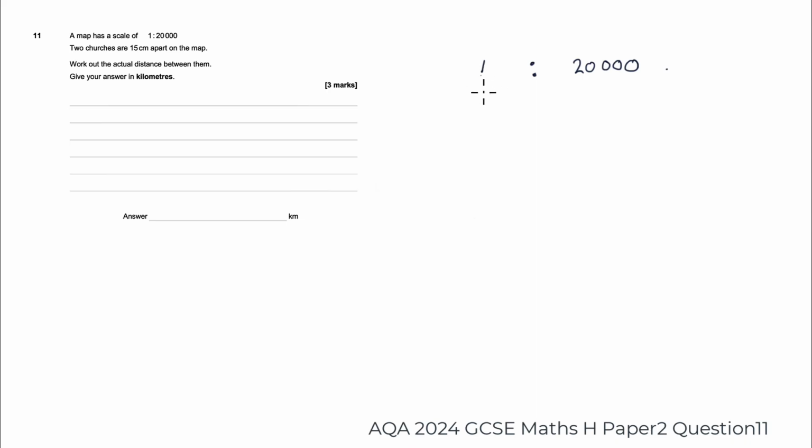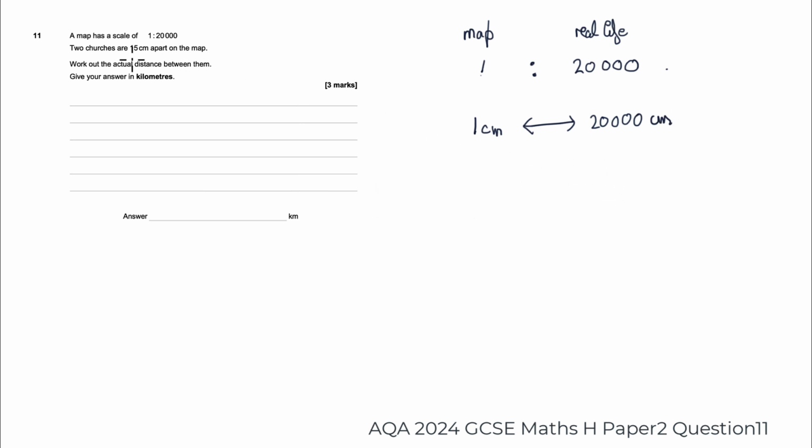Now the 1 would refer to the map, and the 20,000 refers to real life. So in particular, if we have 1 centimetre distance on the map, that would correspond to 20,000 centimetres in real life.